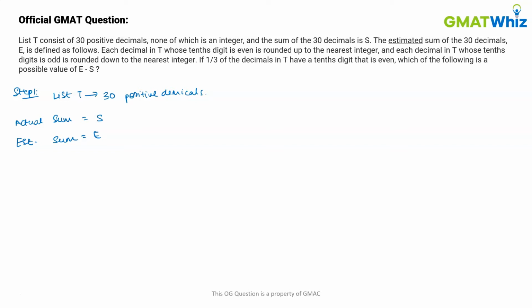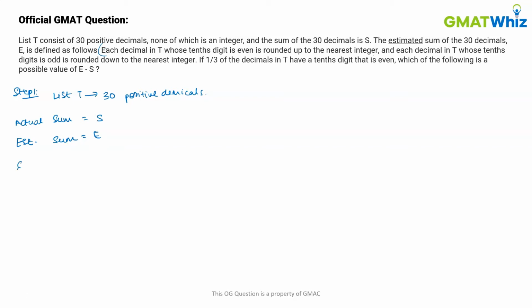We are given that each decimal in T whose 10th digit is even is rounded up to the nearest integer, and each decimal in T whose 10th digit is odd is rounded down to the nearest integer. Now let's break this statement into parts and try to understand what it actually means. Considering the first part, each decimal in T whose 10th digit is even.